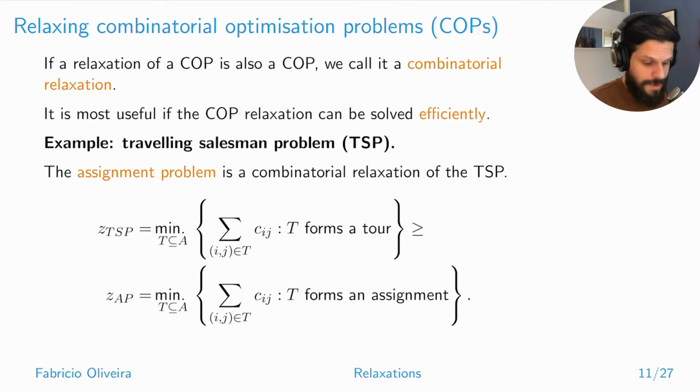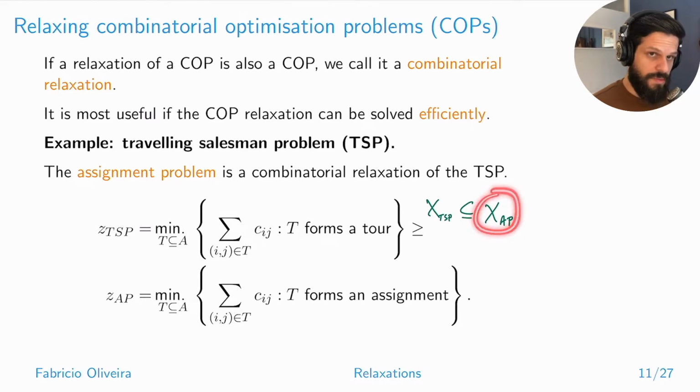So you can think that the feasible region, let's call it X, of the assignment problem contained the feasible region of the TSP. Because the TSP was the feasible region of the assignment problem plus the constraints that removed subtours. So the assignment problem can be seen as a combinatorial relaxation for the TSP.